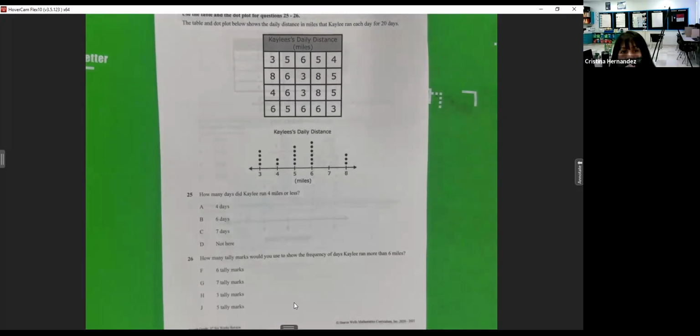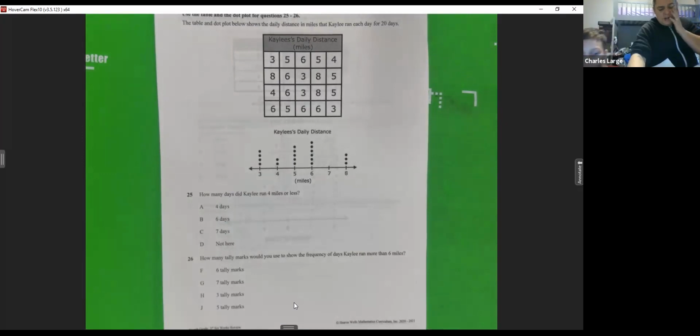So the table and the dot plot below shows the distance in miles that Kaylee ran. What are we gonna do after the questions?